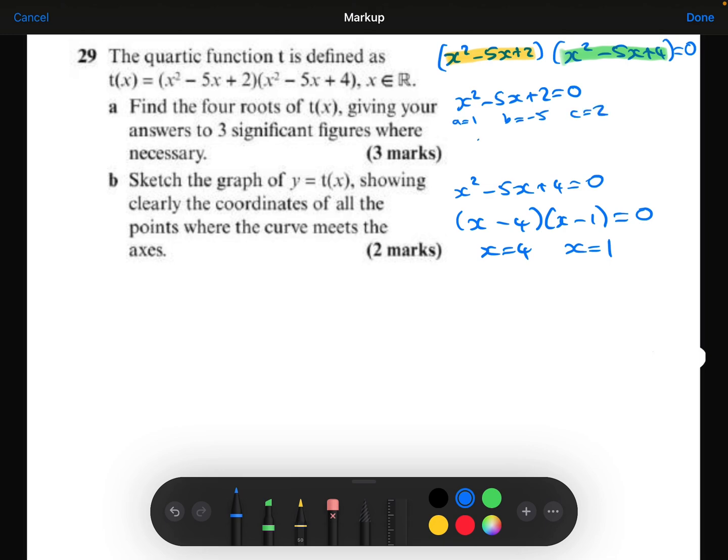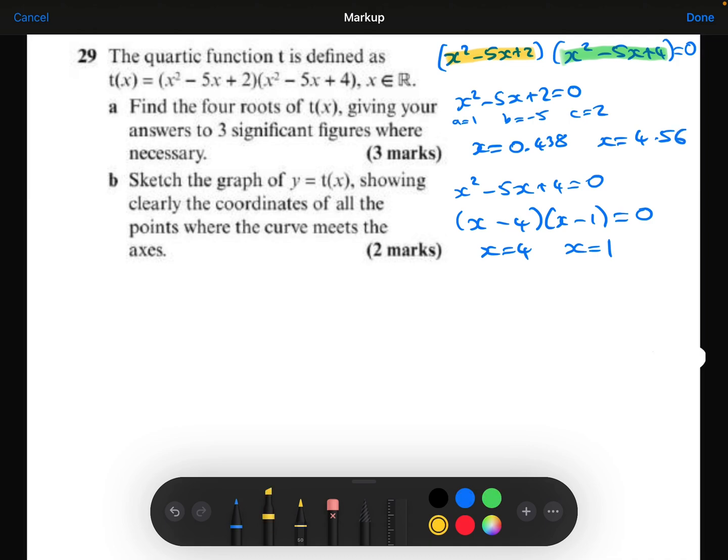So using the quadratic formula, we find that x is equal to minus b, plus or minus the square root of b squared minus 4 times a times c, divided by 2a. And if I substitute that into my formula, I find the 2 answers for x are, to 3 significant figures, 0.438 or 4.56.